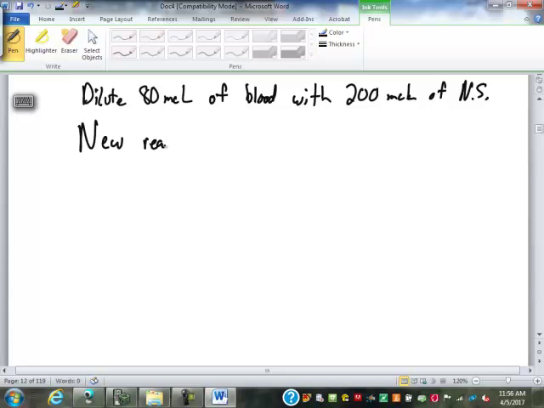The new reading after we dilute it is 340 milligrams per deciliter. We want to find the true reading.